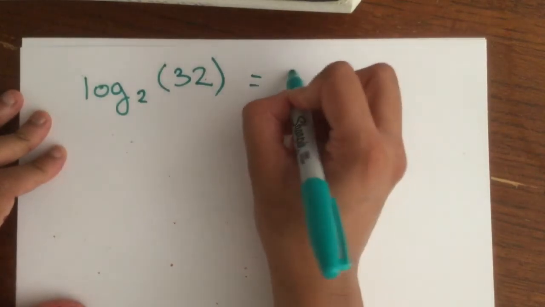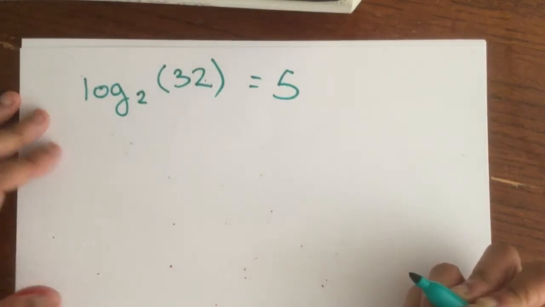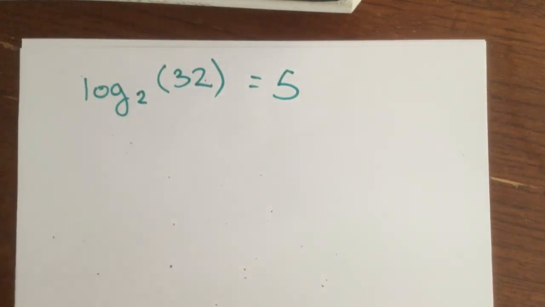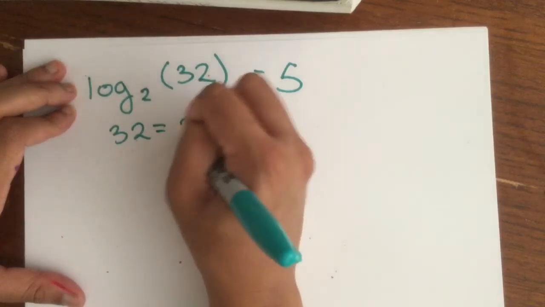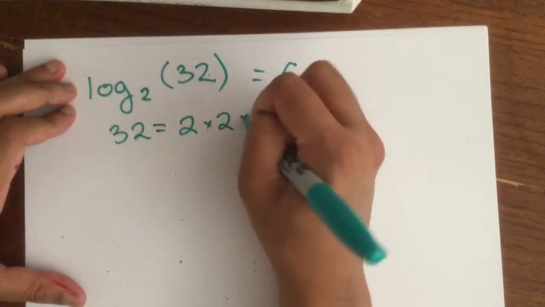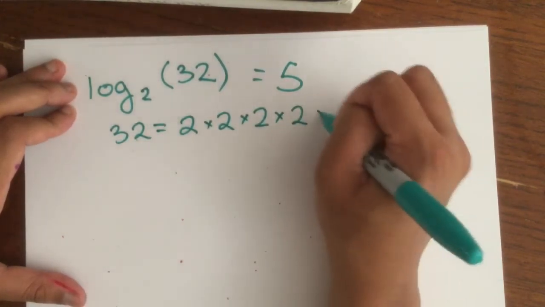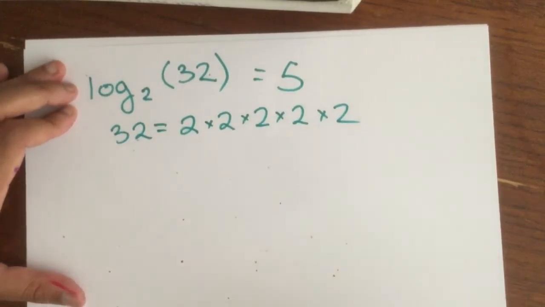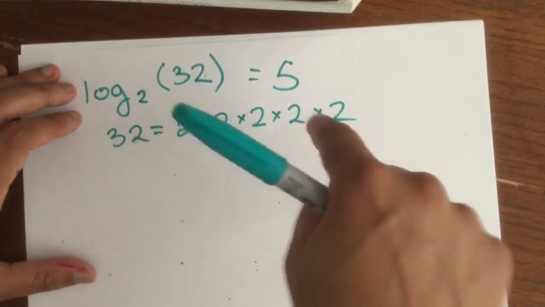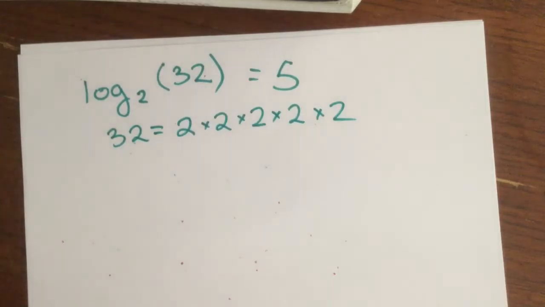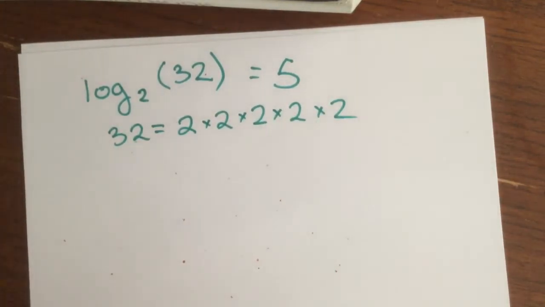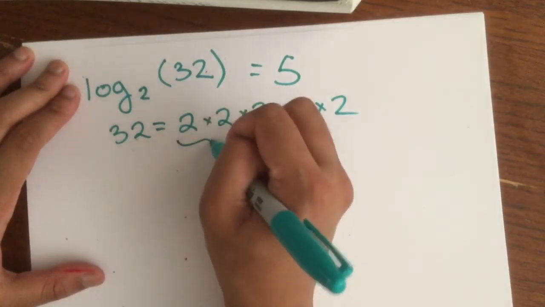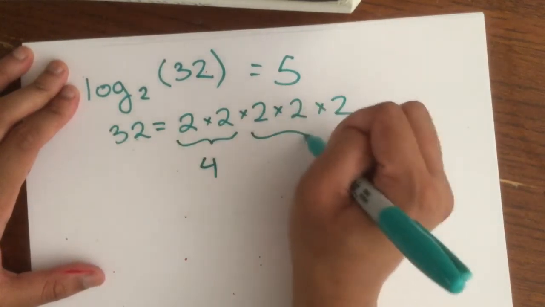You might know this is 5. But let's look at it a bit more closely. So 32 is 2 times 2 times 2 times 2 times 2, right? That's 2, 4, 8, 16, 32, which is how we get that the log base 2 is 5, because 1, 2, 3, 4, 5. But we can also write 32 as 4 times 8.